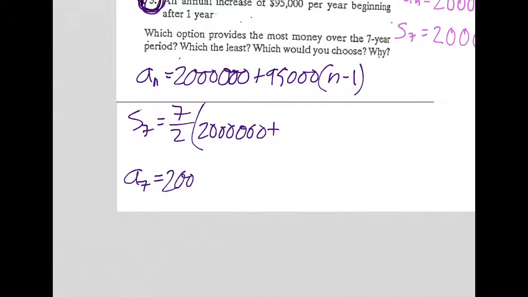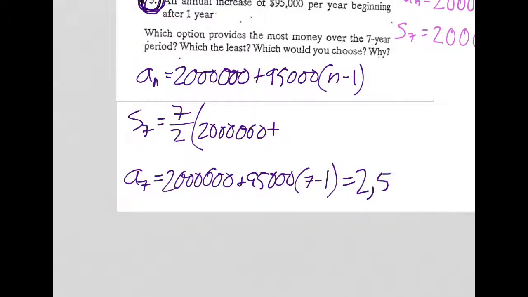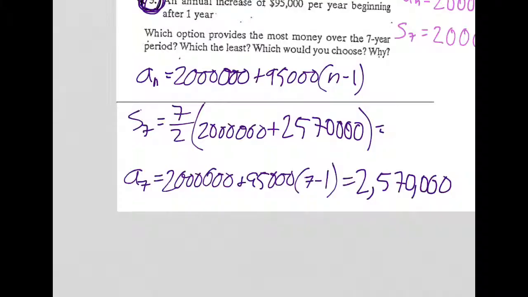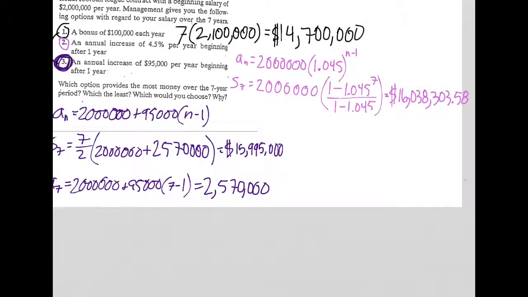Well, that's going to be 2 million plus 95,000 times 7 minus 1, which is $2,570,000. That's how much you'll make your last year there. What is that sum? With that option, you're going to make $15,995,000 over those contract years.